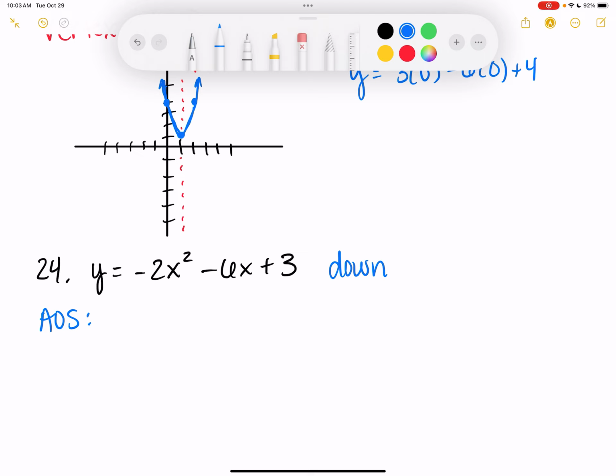So we got positive 6 over 2 times negative 2. Positive 6 over negative 4 is negative 3 over 2. All right, so my axis of symmetry is at x equals negative 3 over 2.